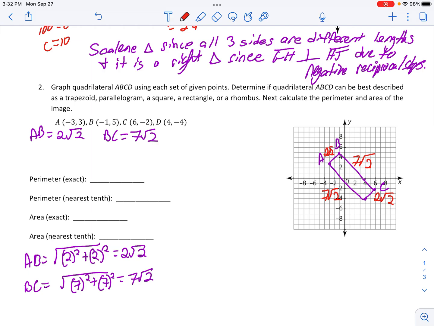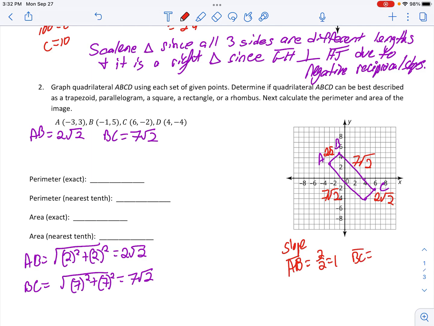Now, it's on the right track to being a rectangle. The only thing we need to look at is the slopes. We need to see if the adjacent sides have negative reciprocal slopes. So go calculate the slope for AB and BC and see if they are negative reciprocals. So for the slope on AB, I go up 2, right 2, and I get 2 over 2, which has a slope of 1.